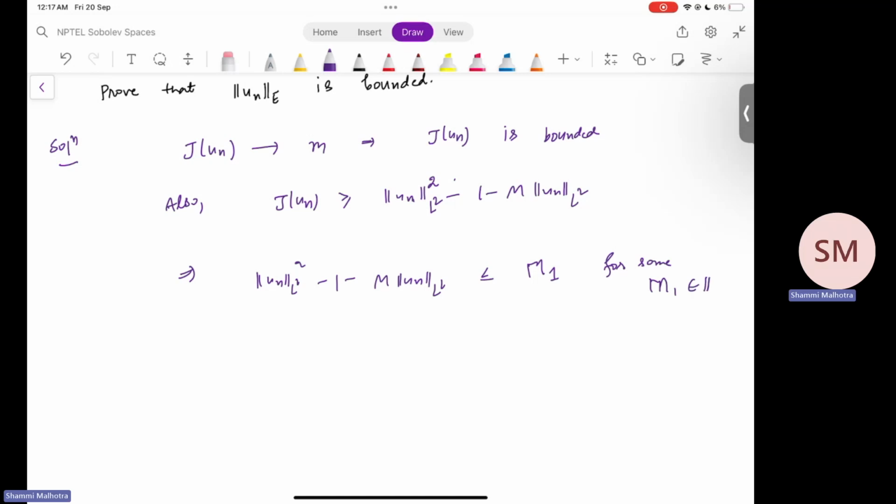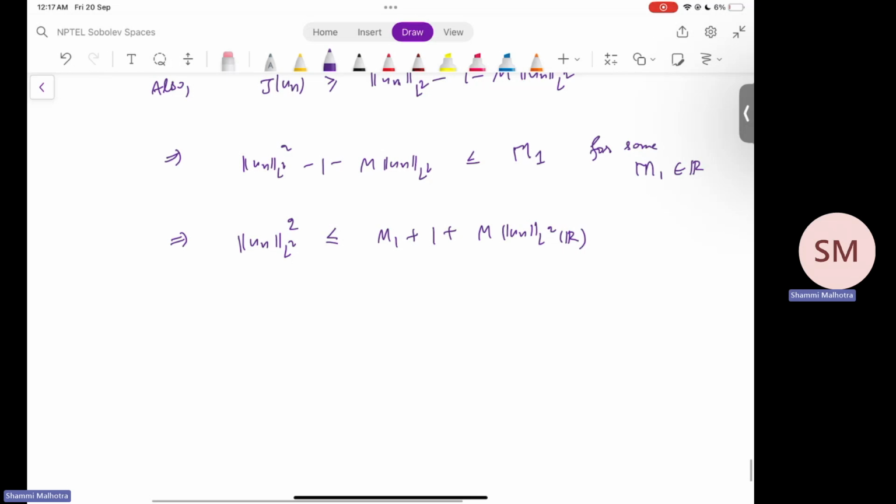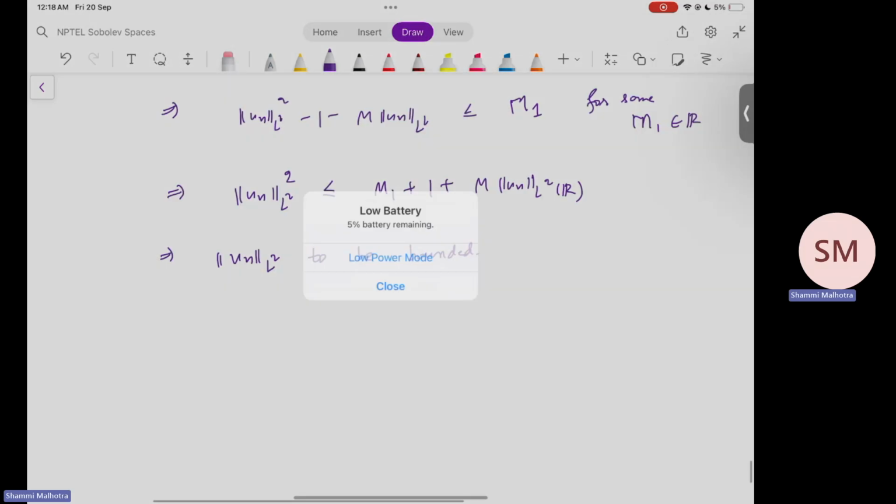But what this implies is that the L2 norm of un, whole squared, has to be less than or equal to m1 plus 1 plus m times the L2 norm of un over R. So this forces the norm of un in L2 to be bounded. If it's unbounded, there exists a subsequence such that the un L2 norm squared will go to infinity, and this will contradict the previous inequality. So this gives the boundedness of the L2 norm.